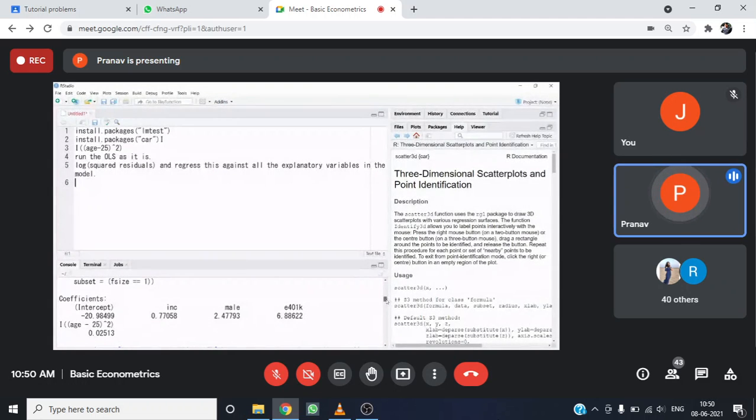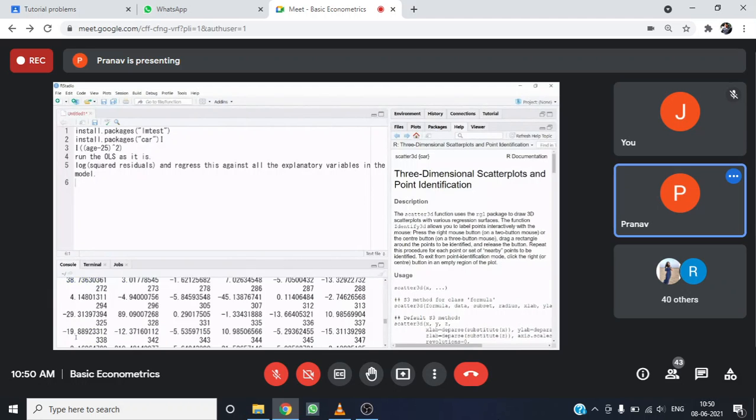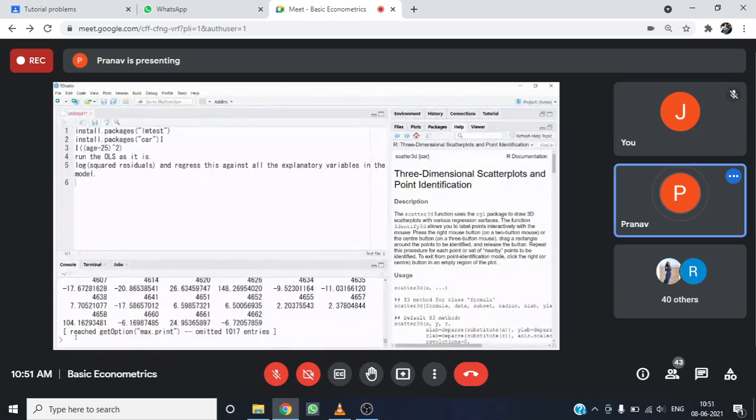So what I'll do now here is, what do I need? I need the residual of REG. Yeah, so I got the residual of REG. Next, I have to take the logarithm of this squared value of residuals. So let me say that u is the variable.